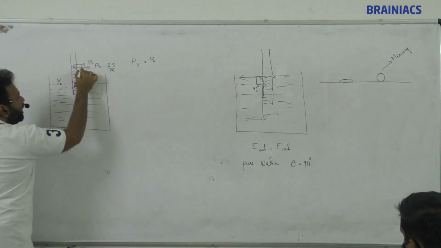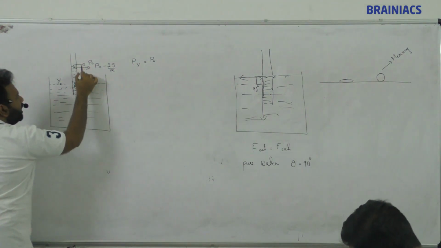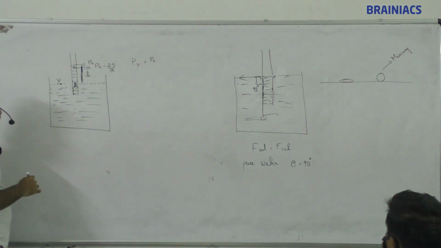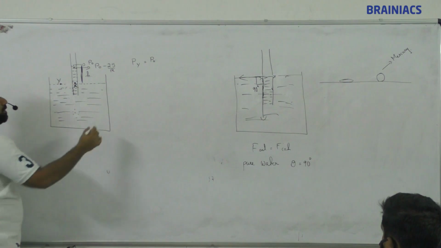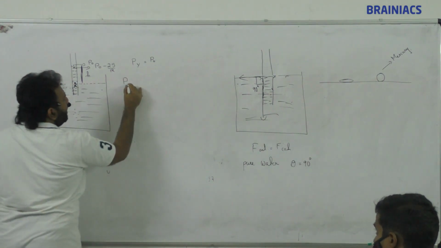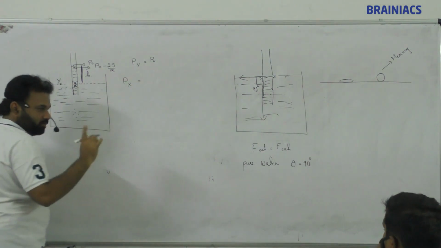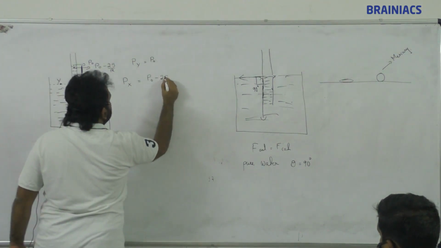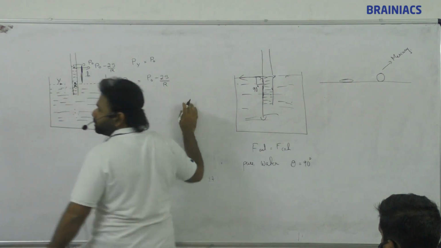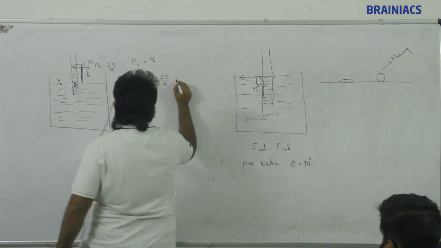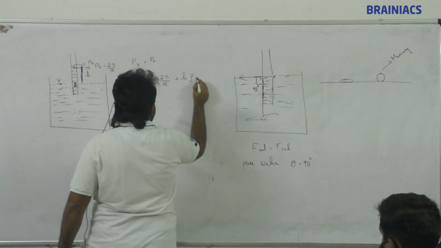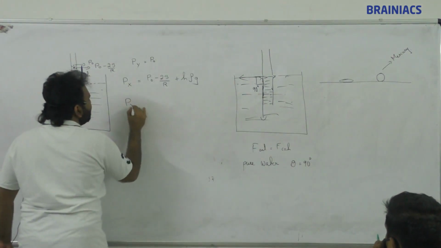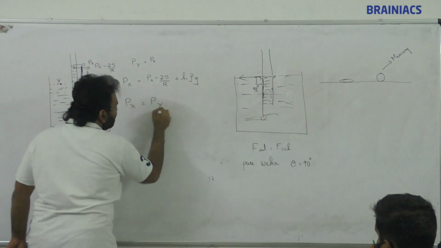Suppose this height is h. What will be the pressure at x? The pressure at x will be P naught minus 2s by r plus h rho g. The pressure at x will be equal to the pressure at y.